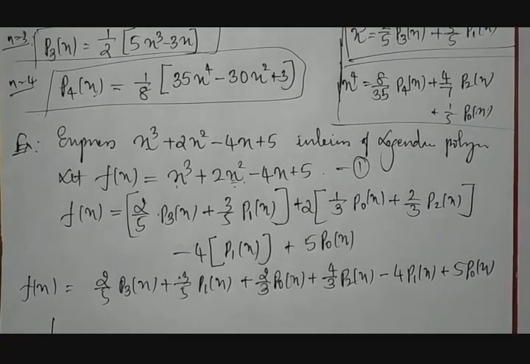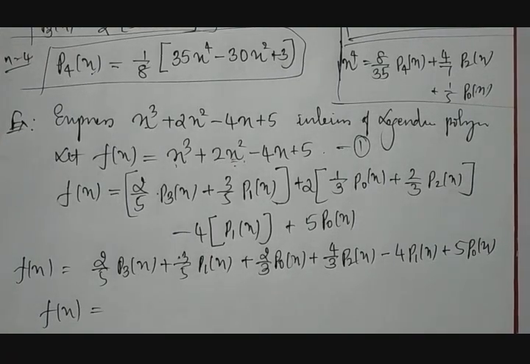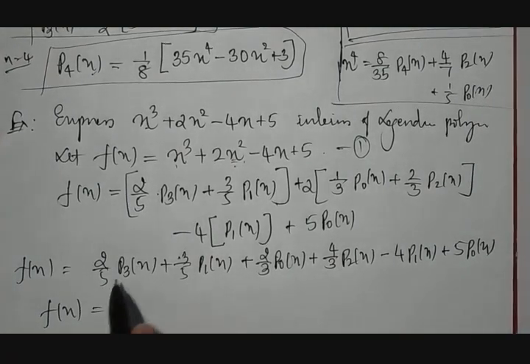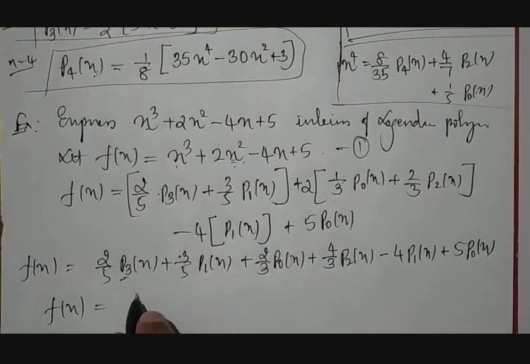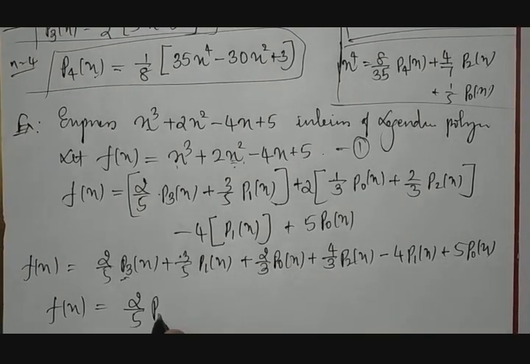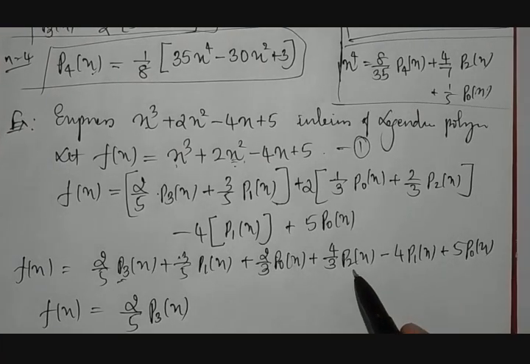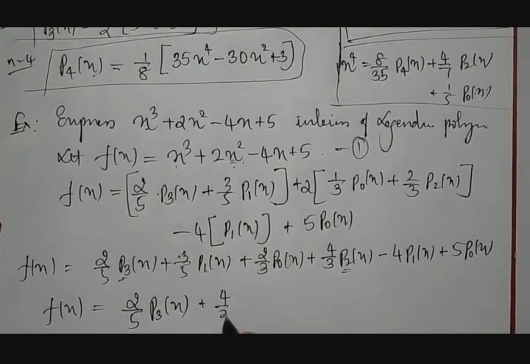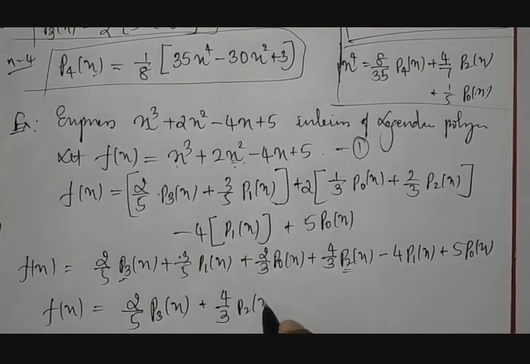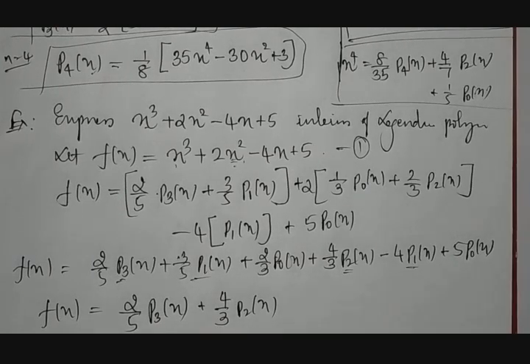Fine. Therefore f of x is equal to, we can club. Let us start with the highest term. Highest term is p3 here. So how many p3 terms are there? Only one. So 2 divided by 5 p3 of x. Then go to p2 terms. How many p2 terms are there? Only one. That is 4 divided by 3 into p2 of x. How many p1 terms are there? 1 and 2.